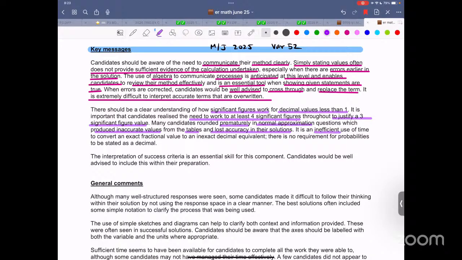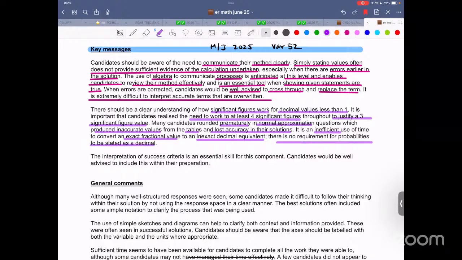It is an inefficient use of time to convert an exact fractional value to an inexact decimal equivalent. Some people just have a fear of fractions. I don't know why. Maybe they're not taught the proper way, or maybe they think that decimals are supreme, decimals are exact. Not all decimals are exact, but definitely all fractions are exact. There is no requirement for the probabilities to be stated as decimals.